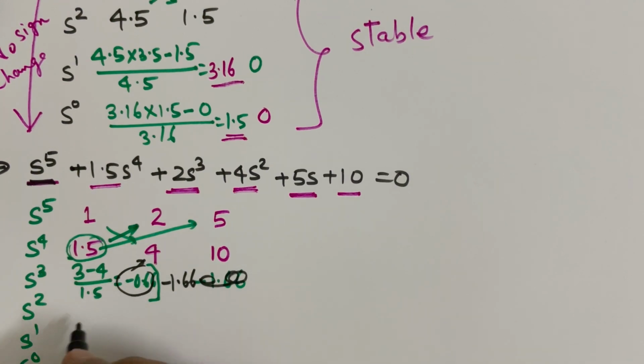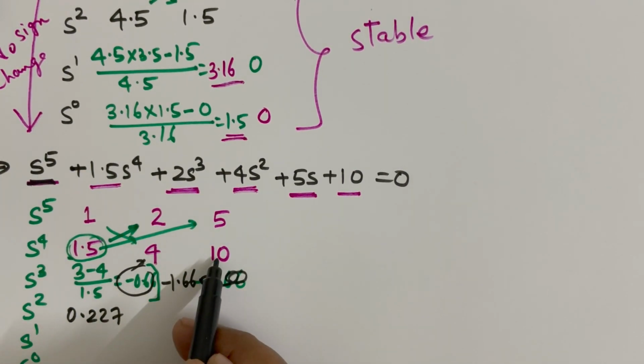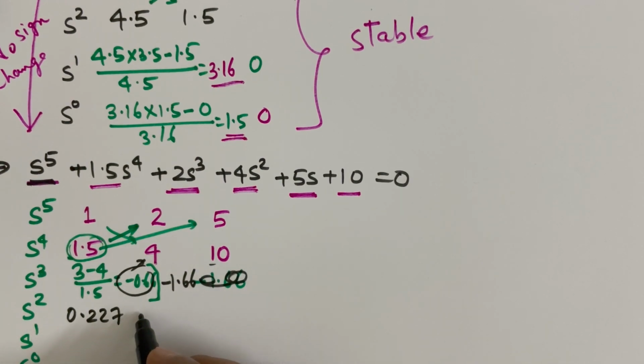So if you do that, you will get 0.227. And here, if I multiply 0.66 into 10 and then 0 divided by the same minus 0.66, you will get this number 10. So whenever you don't have the third column, then obviously that will be 10, this value directly.